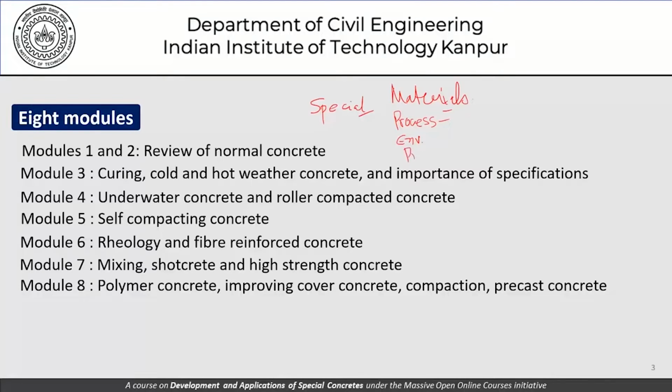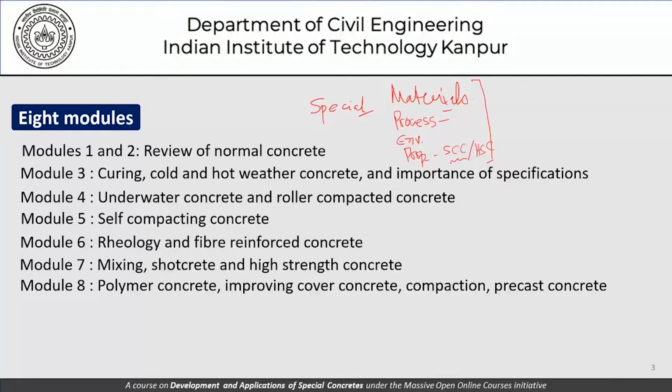Special properties, self-compacting concrete for that matter has a special property of self-compactability. High strength concrete has the property of strength higher than normal. So basically we said throughout that there is a normal range of variables and then there is a special part.